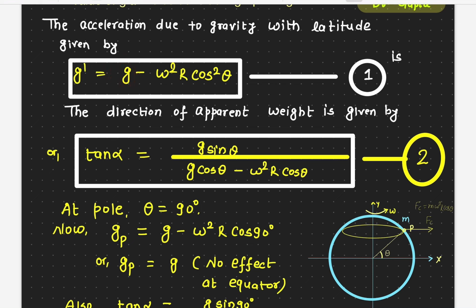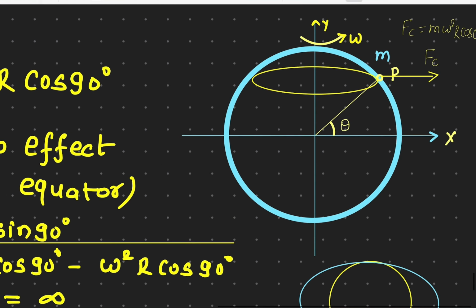If you consider the spin of the Earth too, this is the acceleration due to gravity you will get. And this would be the direction of the apparent acceleration due to gravity, this g prime. So in this picture, this is the acceleration due to gravity g, and due to the spinning it will be slightly deviated, g prime, and we call this angle alpha.